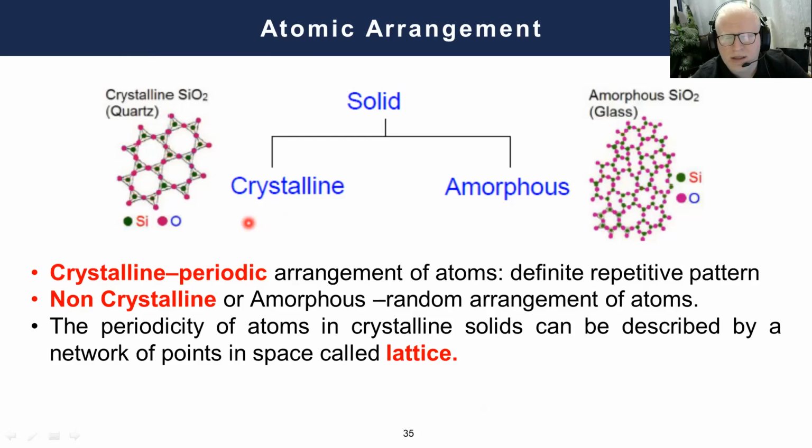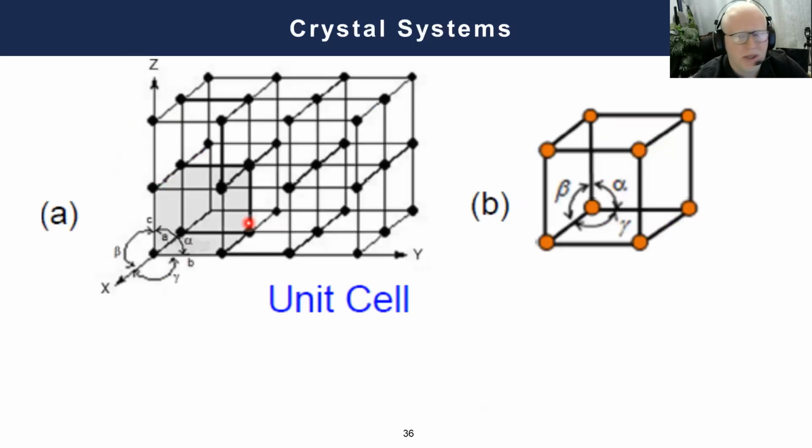So let's turn to the crystalline material. As I just mentioned, the crystalline material is a periodic material. It can be periodic in the x direction, in the y direction, in the z direction, or in all three directions, which is the highest order of a crystalline material.